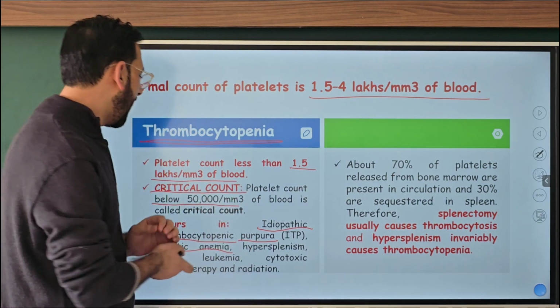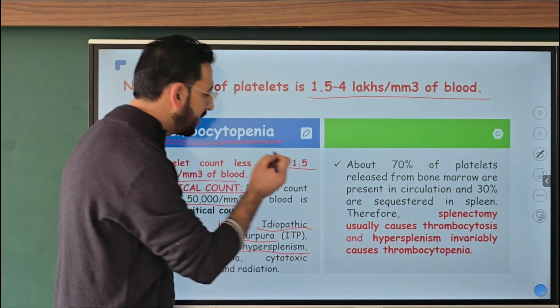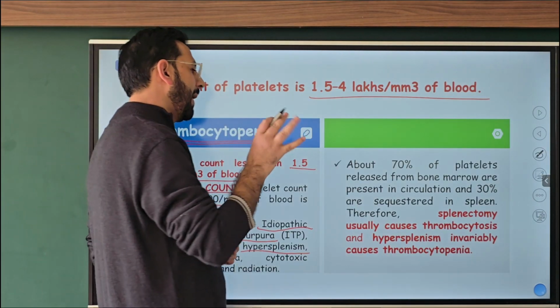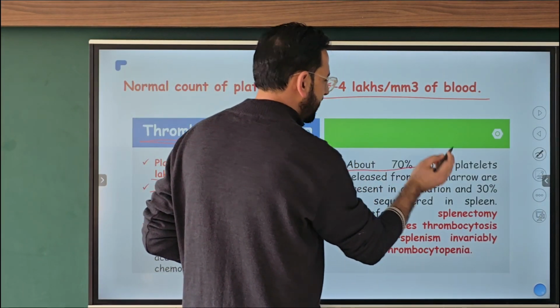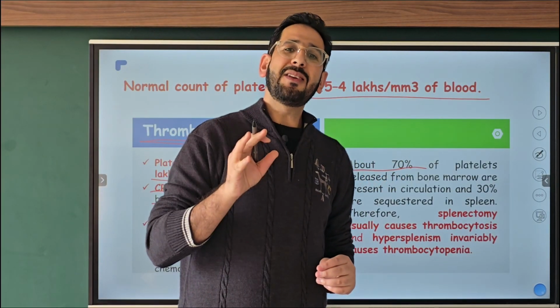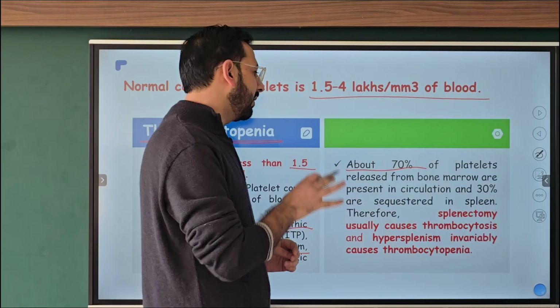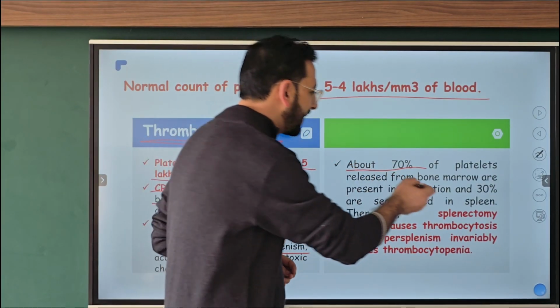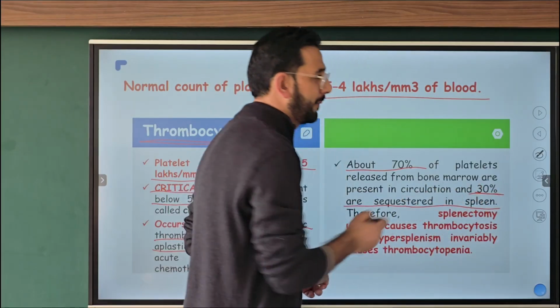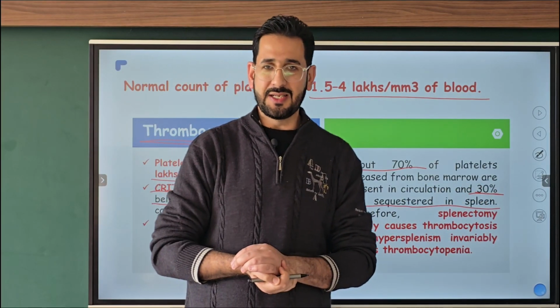platelet count. Then hypersplenism. Now what happens in hypersplenism is that normally, of the total platelets, 70% of the platelets are in the circulation and 30% are shifted to the spleen. They are stored in the spleen, we can say.